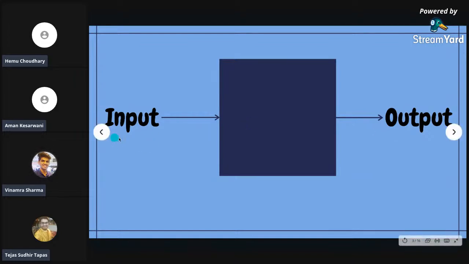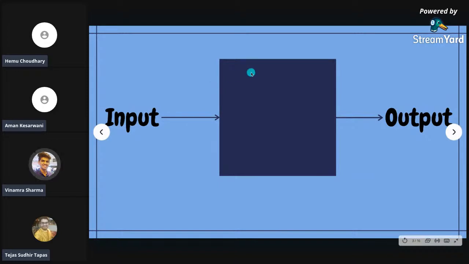Input is something that is added by the user who is using or utilizing that particular computer or any system. Input can be anything. It might be as simple as touching your screen and it scrolls down, or maybe writing a text over there. Input is any action that the user performs.